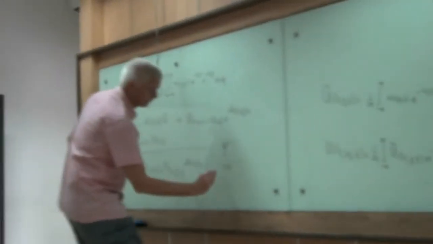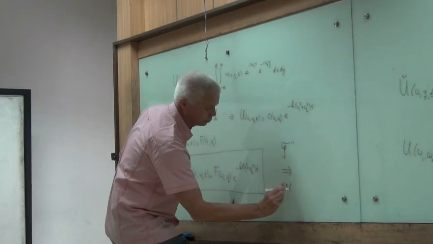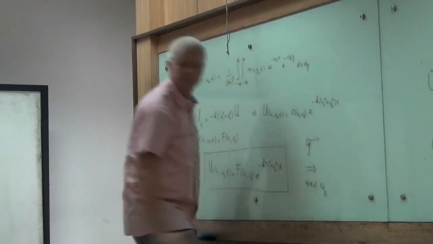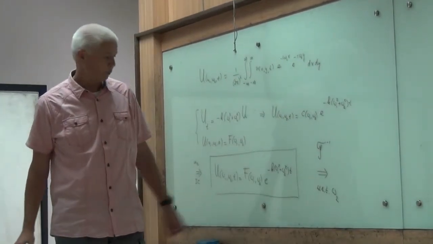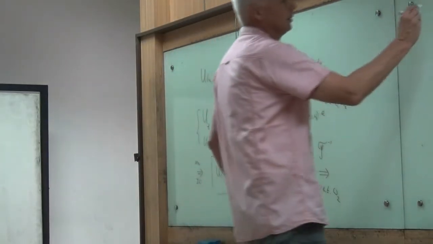So inverse with respect to omega 2. What do I have to write down?